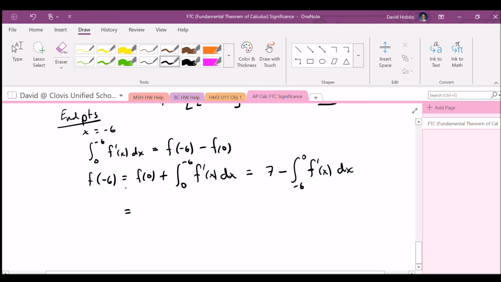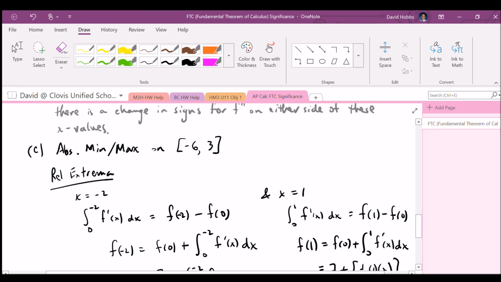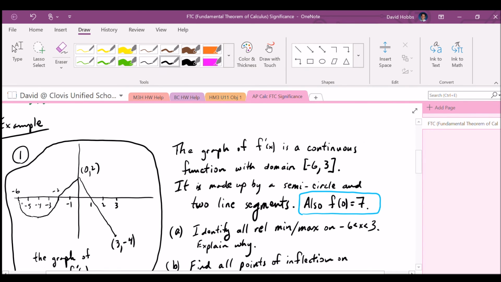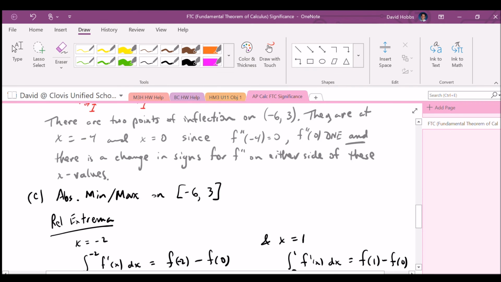So f of negative 6 is equal to 7 minus, okay, now from negative 6 to 0. From negative 6 to negative 2, I have a semicircle that's below the x-axis. Since I'm going from left to right now, that would give me a negative 1/2 pi r squared, negative 1/2 pi times 2 squared.